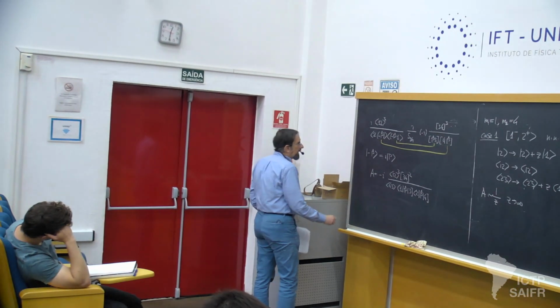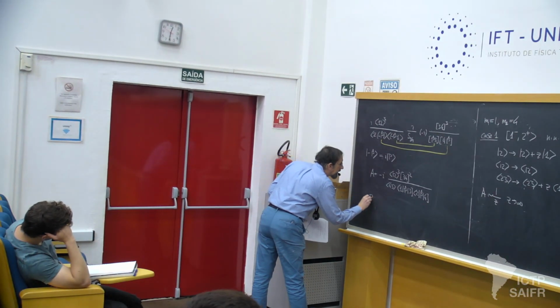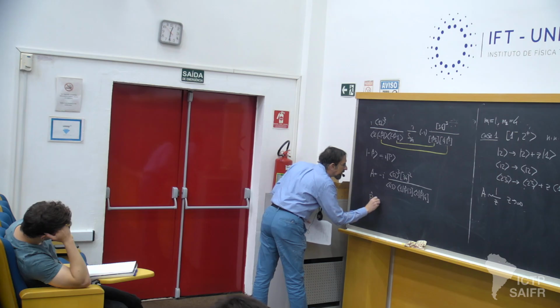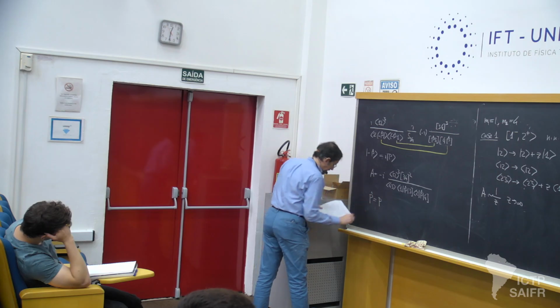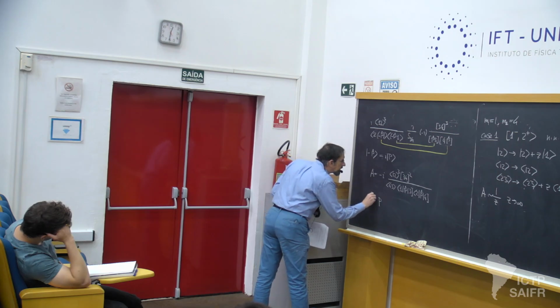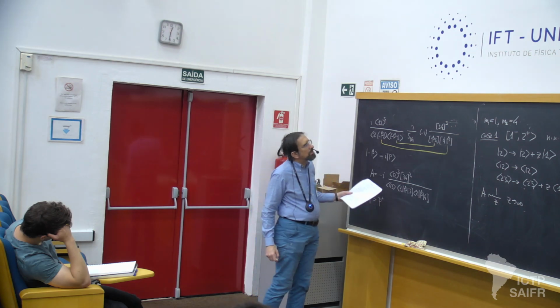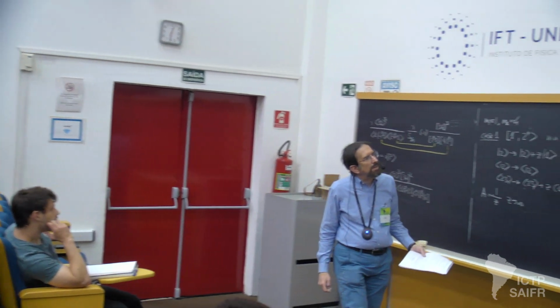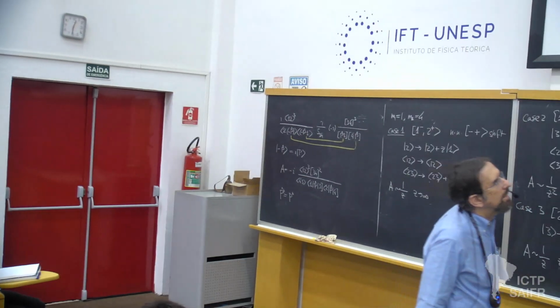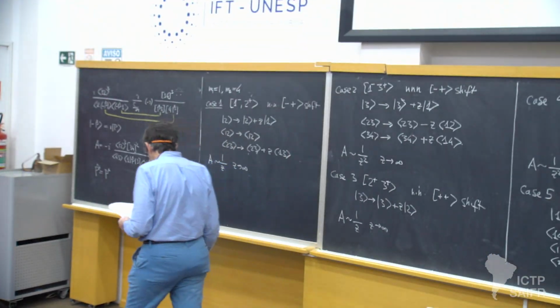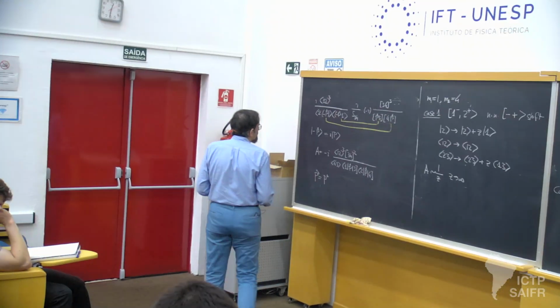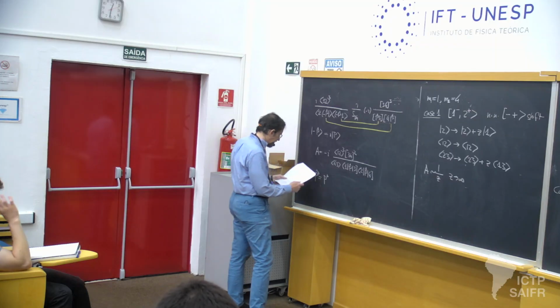Now, what is p hat? Well, p hat is given by the naive p, let me put in the indices here, so just the sum of k1 and k2, sorry.